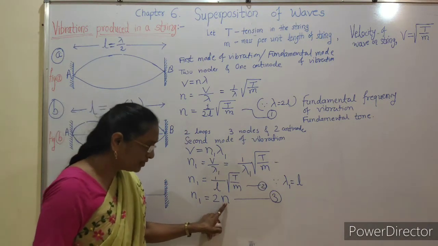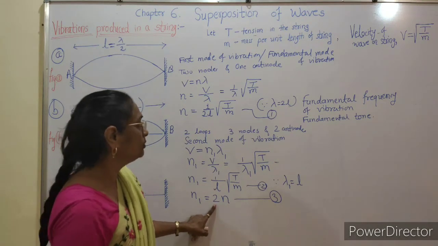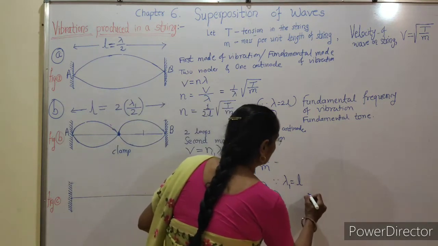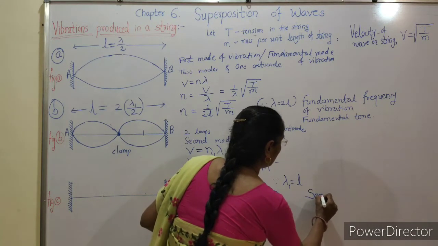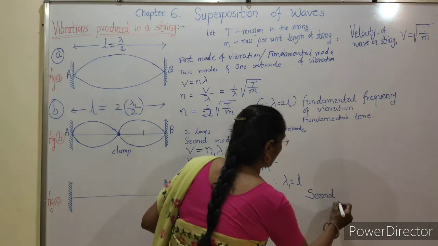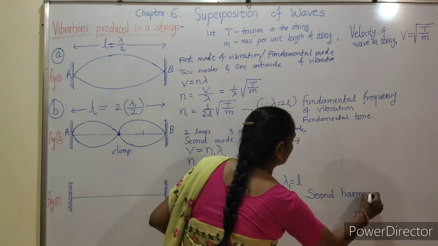As n, the fundamental frequency, is multiplied by 2, this frequency is usually called, in terms of harmonics, the second harmonic.